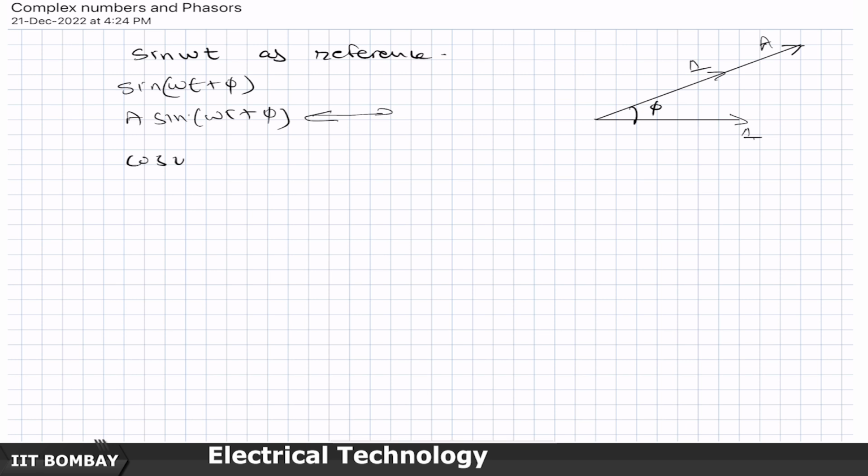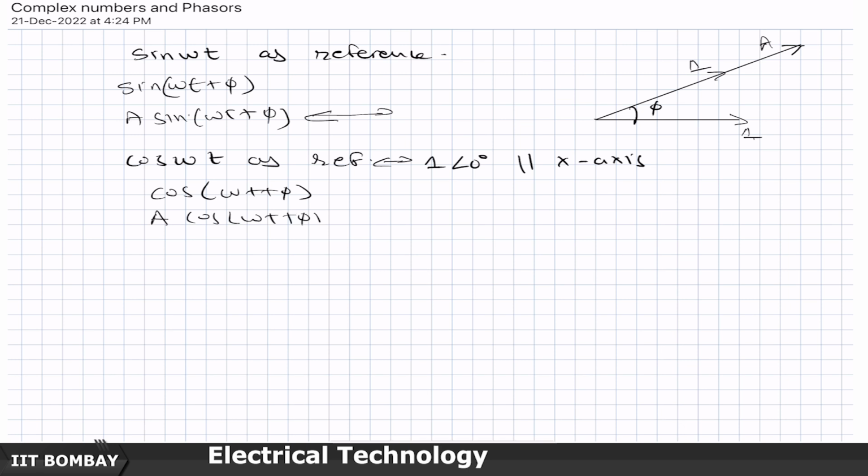If you had taken cos of omega t as reference, then this 1 angle 0 vector parallel to the x-axis would represent cos omega t, in which case cos of omega t plus phi would be represented by this unit vector, and a cos of omega t plus phi would be represented by this vector.